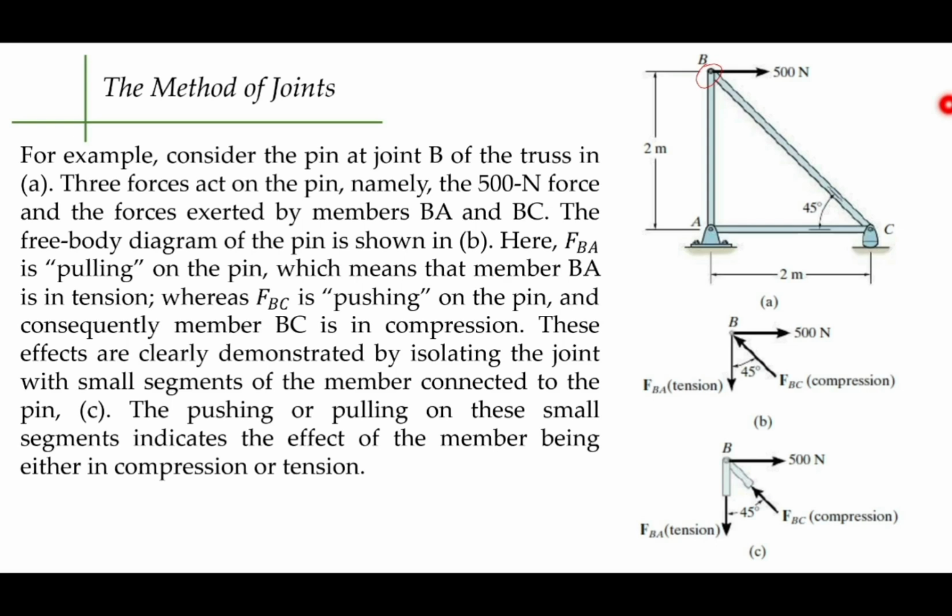Now, here BA is pulling on the pin, which means that member BA is in tension. So again, if you forget whether it's tension or compression, one thing you should remember is if it is away from the point, it's tension. If it's directed towards the point, that's compression.